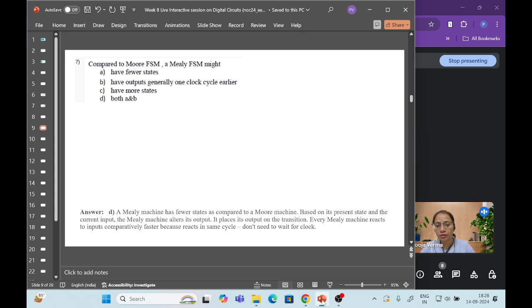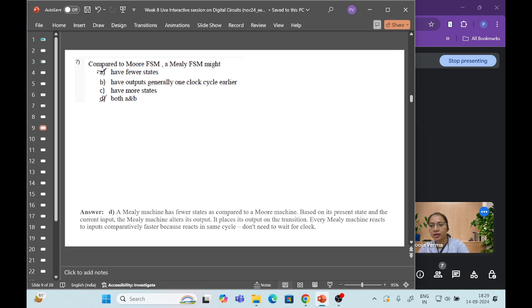So next question is also related to Mealy and Moore machine. So compared to a Moore FSM, finite state machine, a Mealy FSM might: option A, have fewer states; option B, have output generally one clock cycle earlier; option C, have more states; or option D, both A and B. So option D is correct.